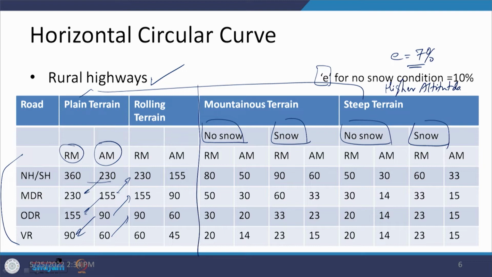And when we have a snow condition, then this is the value even at a higher altitude. So, when you are talking about snow, then E is considered as 7%, but when you are talking about no snow, then E is considered as 10%, and going by the same equation which we have for R minimum, we are going to calculate the values. So, we have again the two sets within the mountainous and the steep terrain, and that is where we have to provide the values according to those.